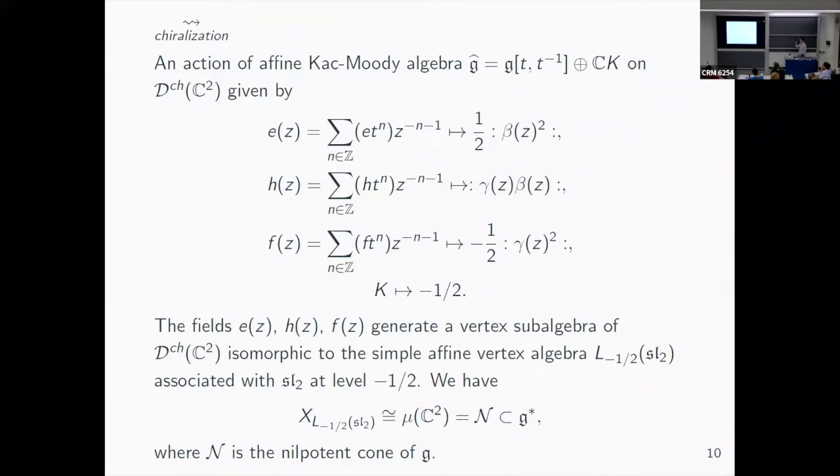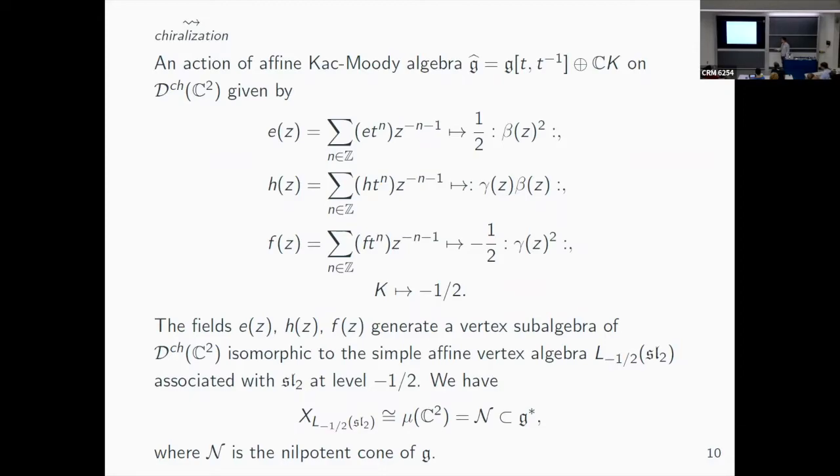So for the nilpotent cone, the Poisson structure's symplectic leaves are just nilpotent orbits, and because the nilpotent cone has finitely many nilpotent orbits, this vertex operator algebra is quasi-lisse.